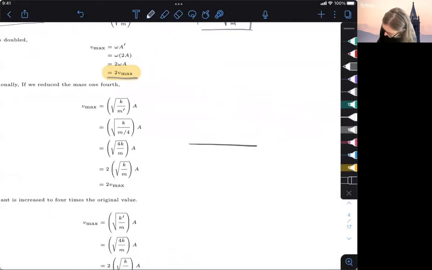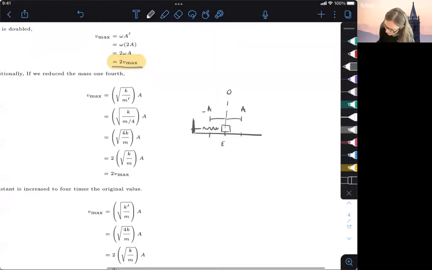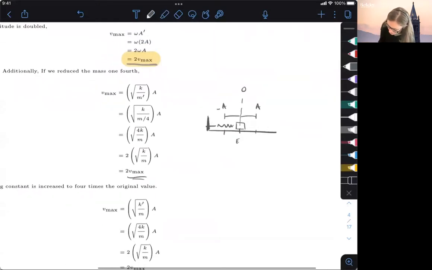And what exactly is happening here? So when we say Vmax, if this is my equilibrium point, for all intents and purposes, this is 0, the origin for my spring. And this would be if my spring was at rest, and let's say my spring is connected to a wall here. My displacement is either going to be negative or positive A, so this will be some distance that I'm moving back and forth. And then my Vmax is going to be my linear speed that I'm shifting back and forth.